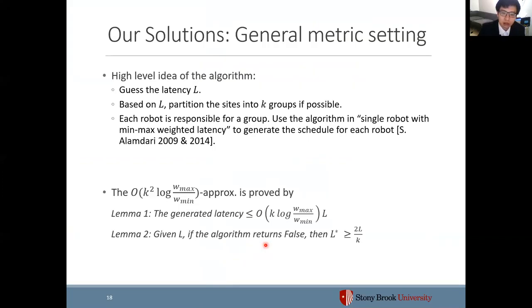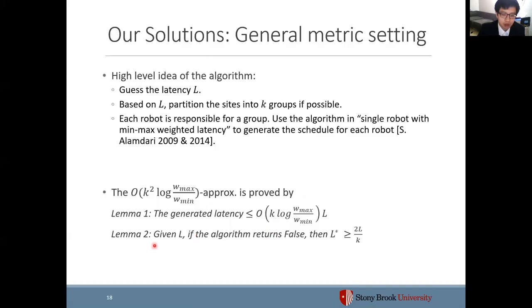Okay. Now, the challenge will be, what's the approximation factor? Can we bound it? And to bound this approximation factor, we need 2 lemmas. The first lemma shows that the latency generated from our algorithm is close to L, which means it's at most k log W max by W min.